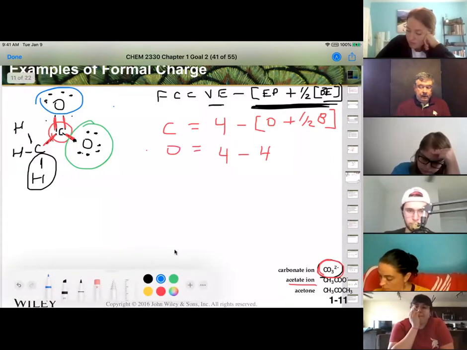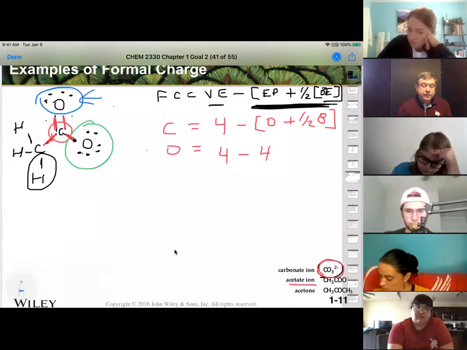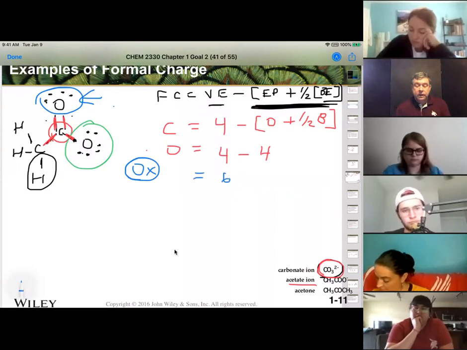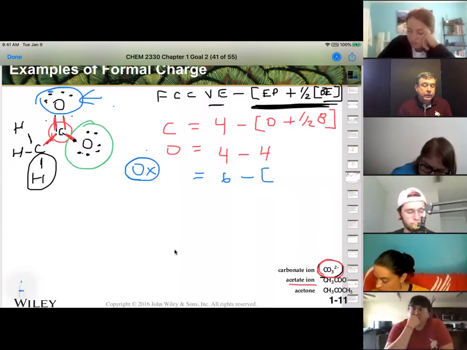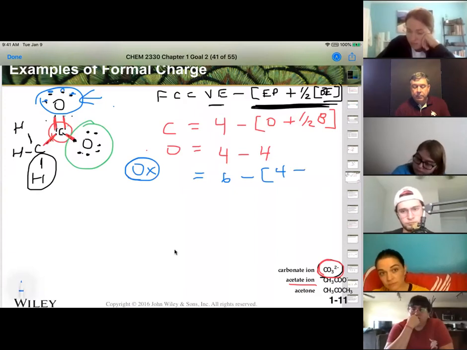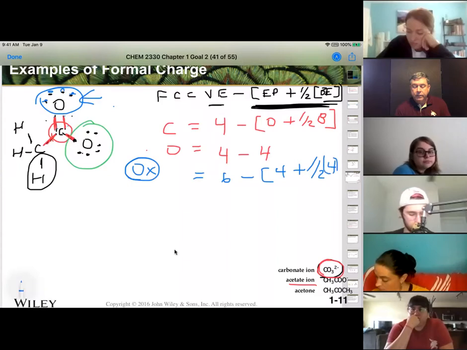Okay, let's move to this oxygen here. I'm going to label it OX to make sure we don't think it's a 0. The oxygen brought 6 valence electrons to the party, minus 1, 2, 3, 4 non-bonding electrons, plus 1/2 of the 4 bonding electrons, which is 2.